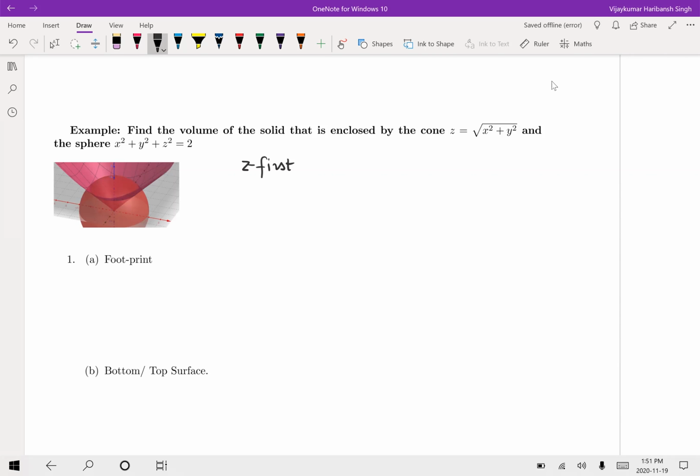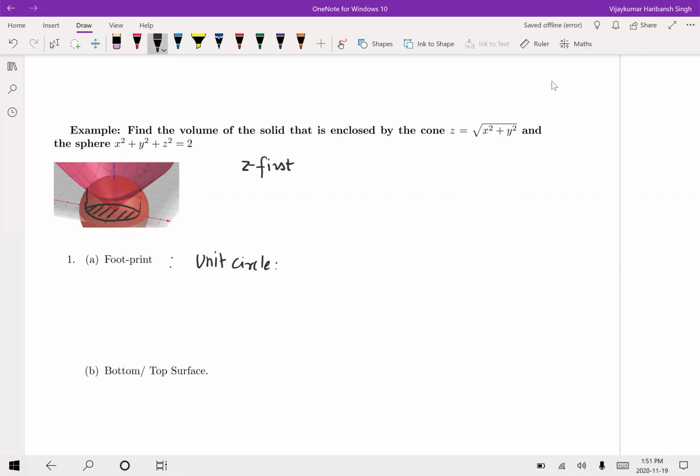Let's look at the footprint. The footprint will be the projection of this onto the xy plane. So footprint is a unit circle.